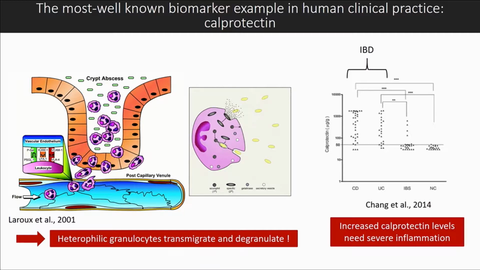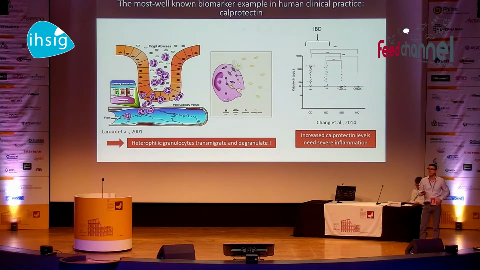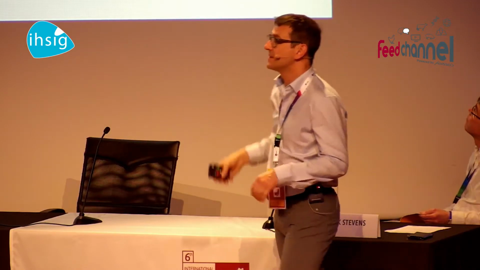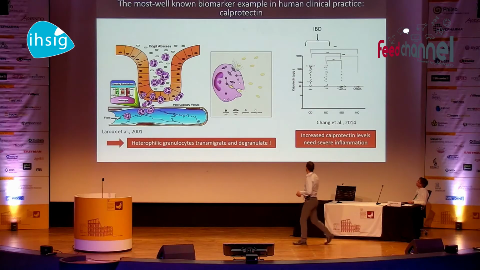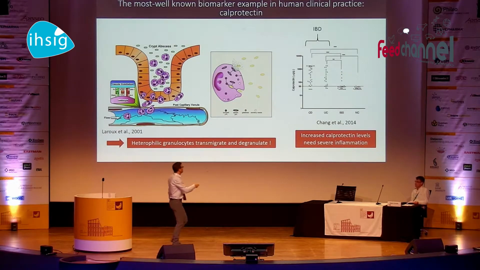What you see on the right side here is a graph showing the quantification of this calprotectin in different human subsets. On the left, you see Crohn's disease patients, then UC, that is ulcerative colitis, IBS is irritable bowel syndrome, and then you have these healthy controls. I hope this is a bit visible.